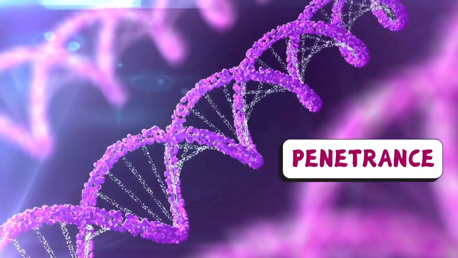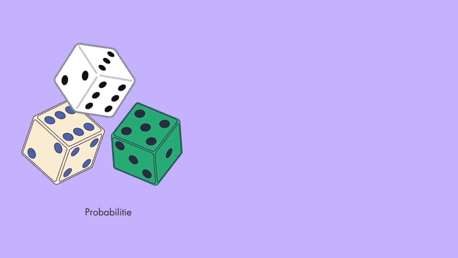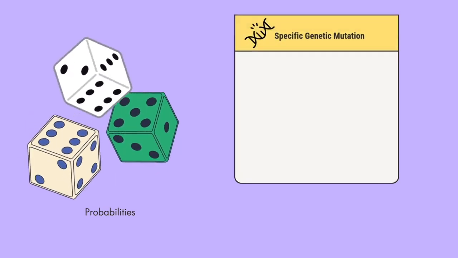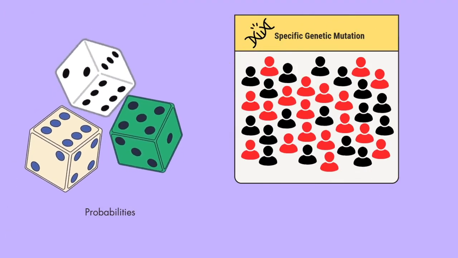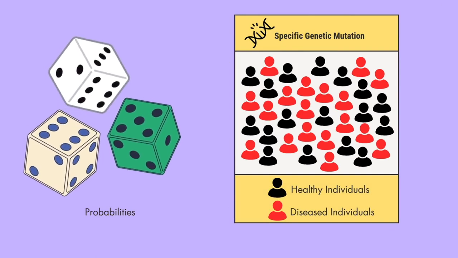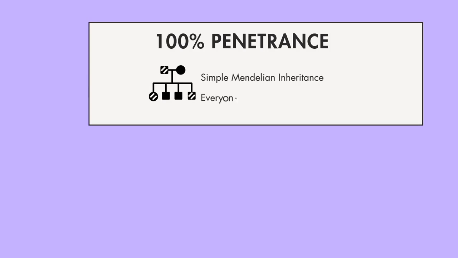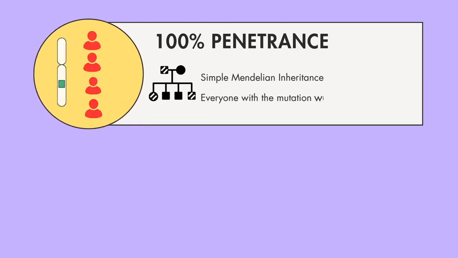Let's start with penetrance. Penetrance is about probabilities. It tells us how many people with the specific genetic change actually show the related trait or condition. Think of it this way. In simple Mendelian inheritance, if a gene has 100% penetrance, everyone who carries the mutation will show the expected trait.